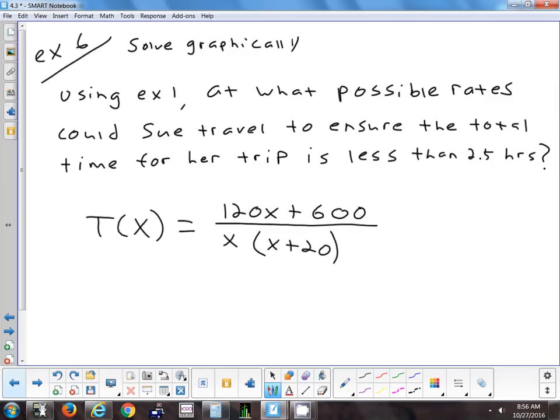So that was our equation. Now I want her time to be less than how much? 2.5 hours. So I want her time to be less than 2.5 hours.